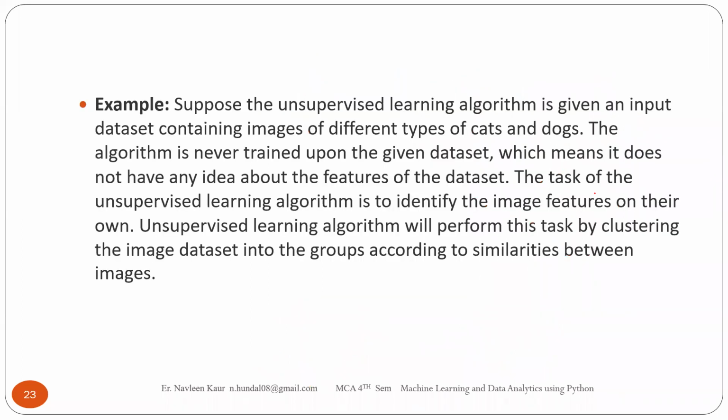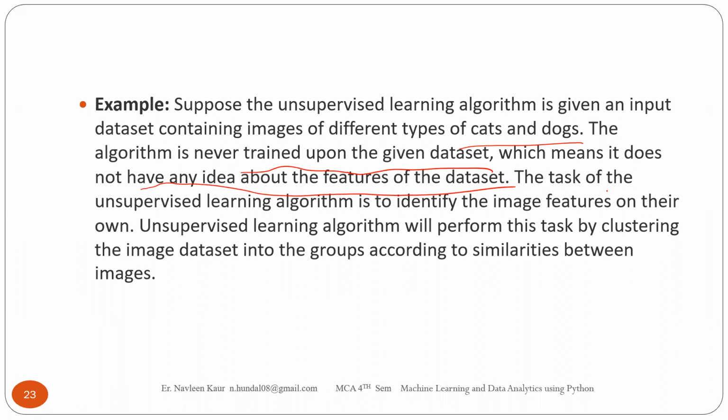Okay, so an example is given. Suppose the unsupervised learning algorithm is given an input data set containing images of different types of cats and dogs. The algorithm is never trained upon the given data set. That algorithm knows nothing about it, whether it is a cat or a dog or a buffalo or a horse, which means it does not have any idea about the features. No labeling is there.